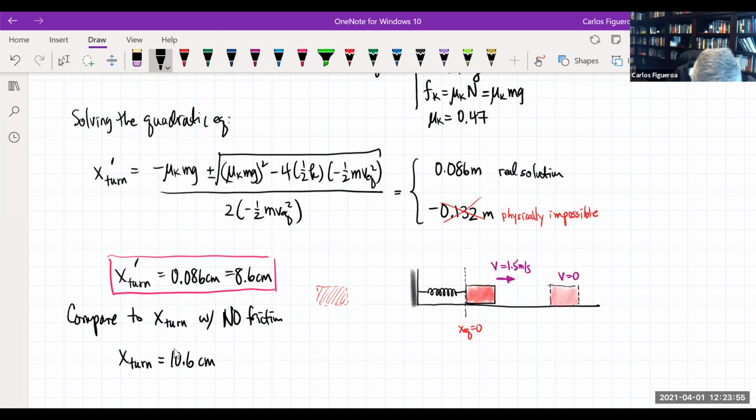You can see that x turn is greater than x turn prime at 8.6 centimeters. And that's not a surprise because we assumed that the work of friction was going to stop it from going as far. And that solves that example right there.